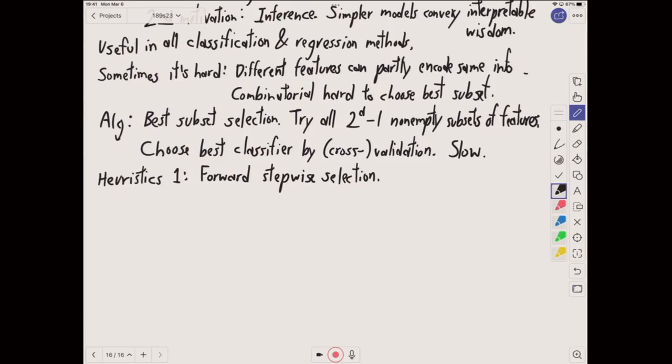Forward stepwise selection starts with what's called the null model. The null model is one that uses 0 features. We don't actually try to train that model. But from that point, we're going to have a loop that repeatedly adds the best feature.